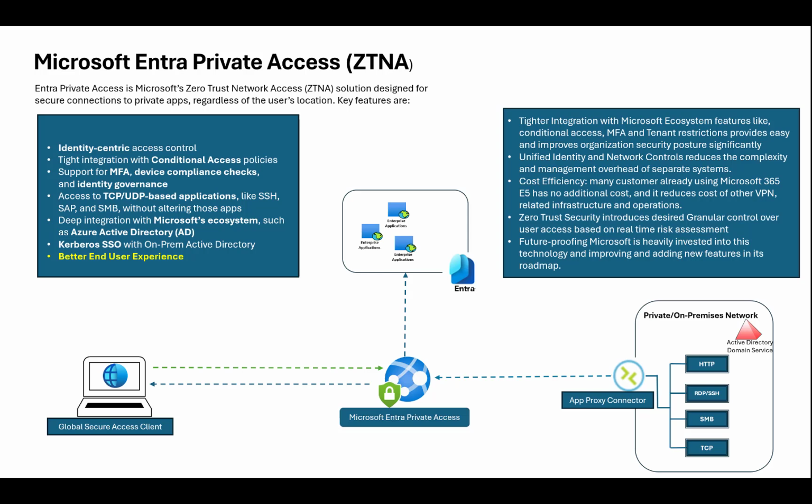Now, let's look at the Microsoft Entra Private Access architecture first, right? Very, very simple. Basically, you see there your client, the GSA client or Global Secure Access client, is deployed on your endpoints, whether it's Windows 10, Windows 11, Android, iOS or Mac, where we'll discuss the limitations at this point, and that's pretty much it. Once it is installed and configured, it's going to talk to Microsoft Entra Private Access, where you have published your applications.